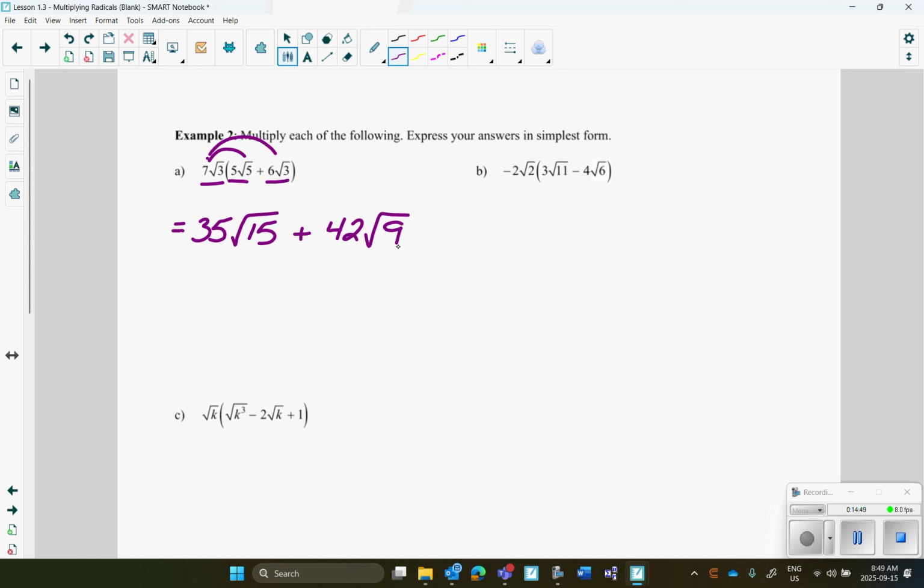It becomes 3. So this is 35 root 15 plus 42 times 3, which gives us 35 root 15 plus, and you can do this in your head or on the calculator, 126.